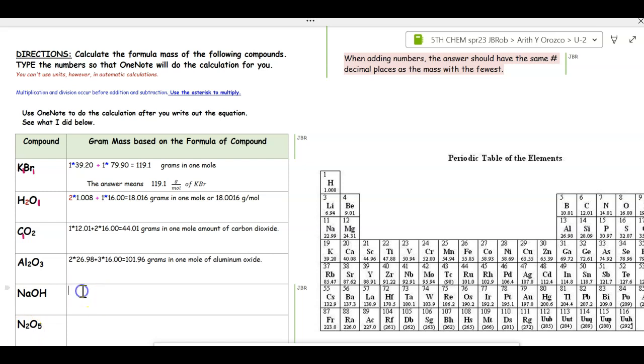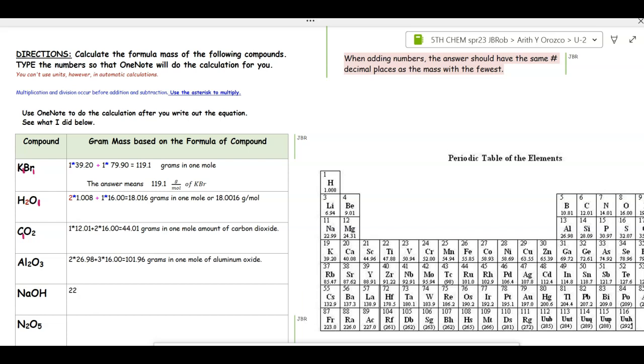All right, now, here we have 1 sodium, 1 oxygen, 1 hydrogen. So go ahead, 1 of each. So we don't have to put 1 times each one, now that you know that.